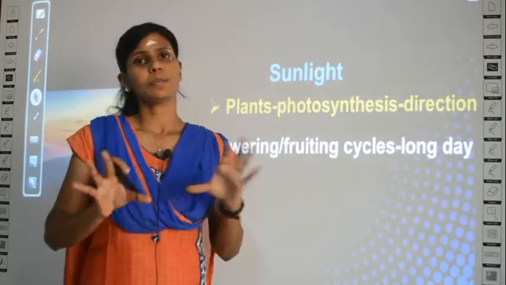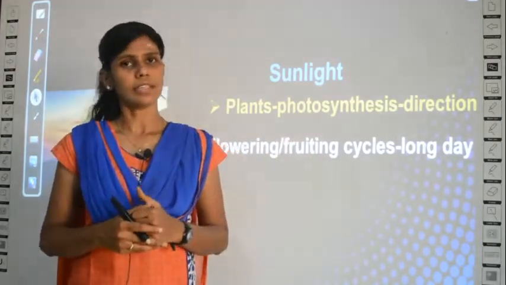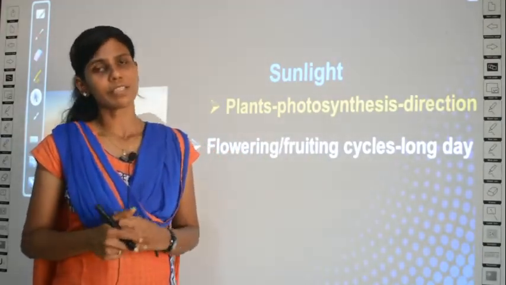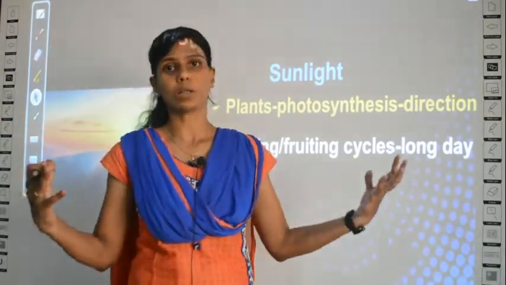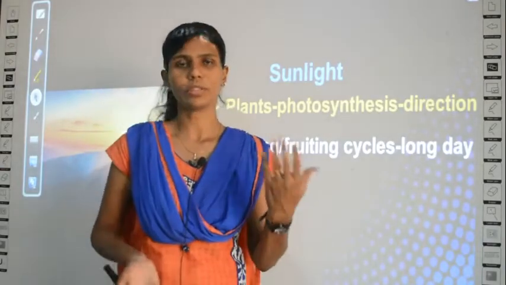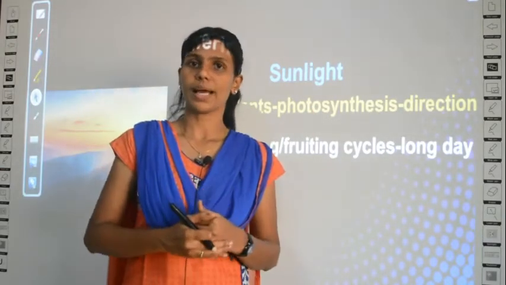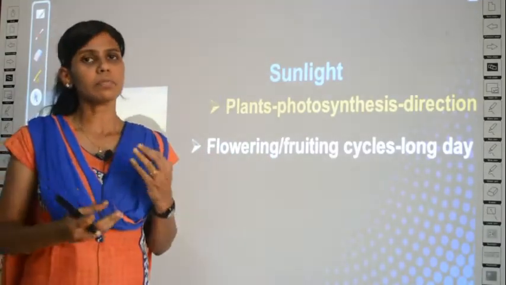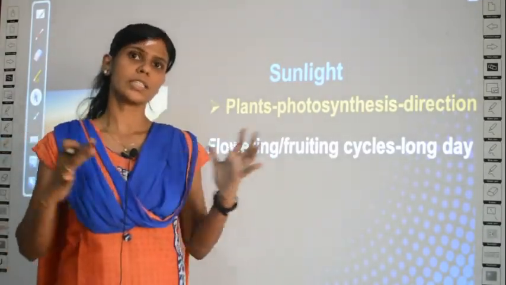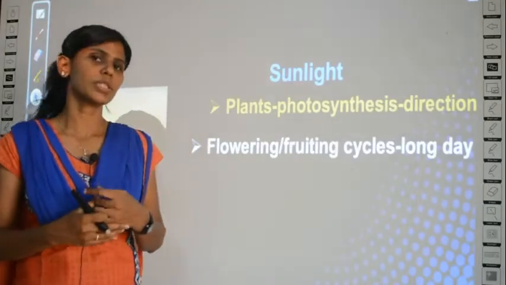So 12 hours we have as a day. But in many countries, the days are either very short or very long. Even at 4:30 the sun will rise and it will set late at night. So sometimes the days are longer, or sometimes the days are very short and nights are long. Like that, there are fluctuations in many countries.